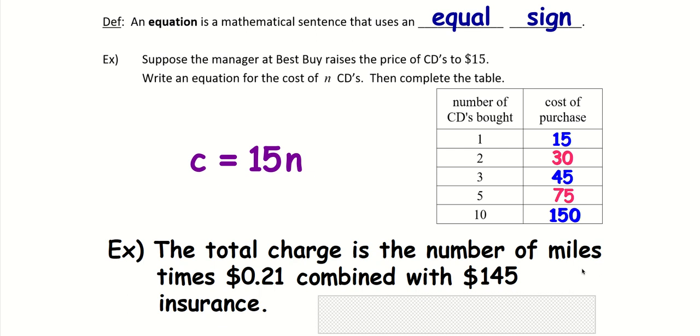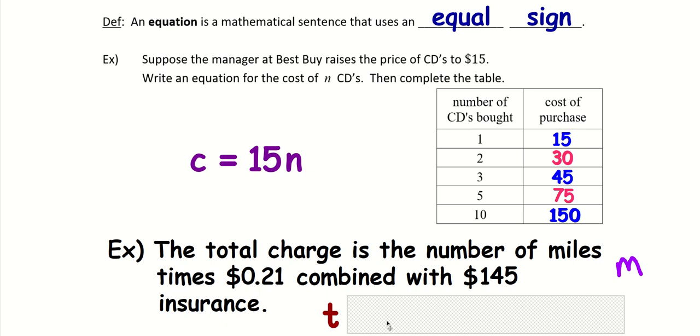Let's say for m miles, or we could just as easily choose x for the number of miles. But I'm going to use m for the number of miles, and maybe t for the total charge. And we're going to have to write an equation.